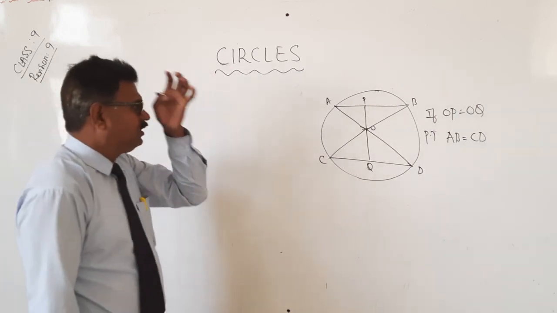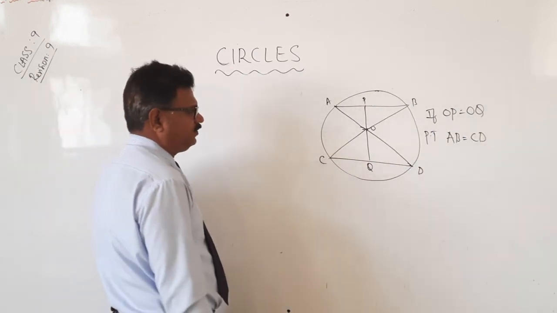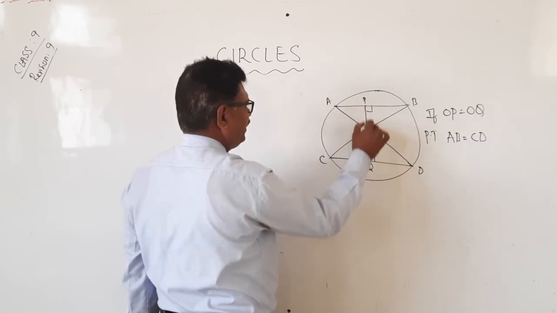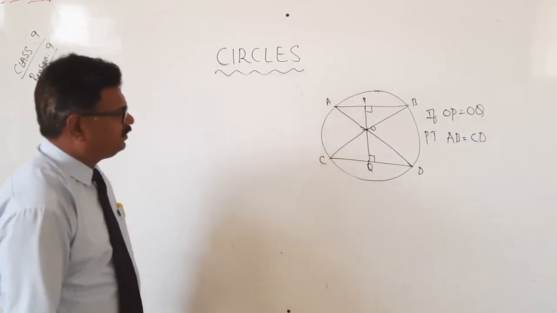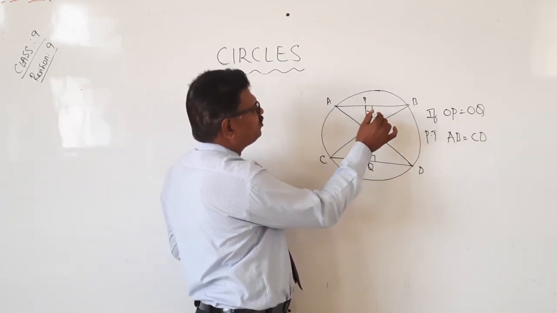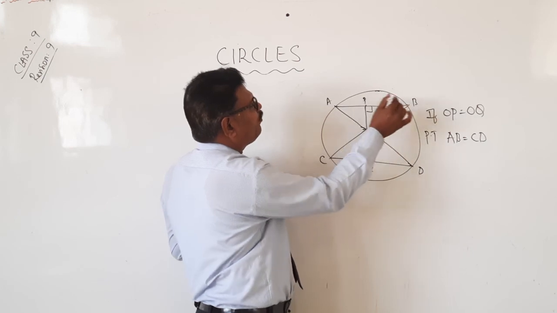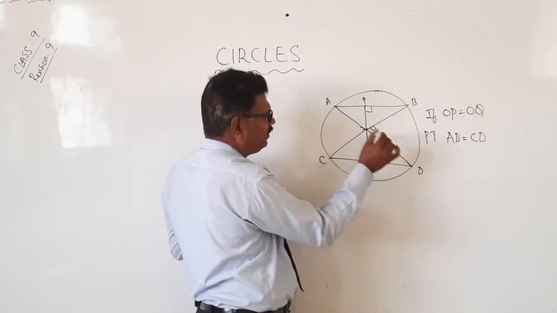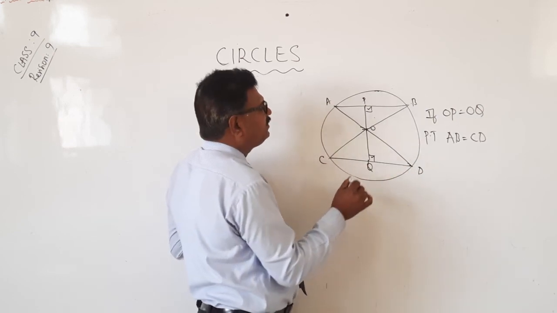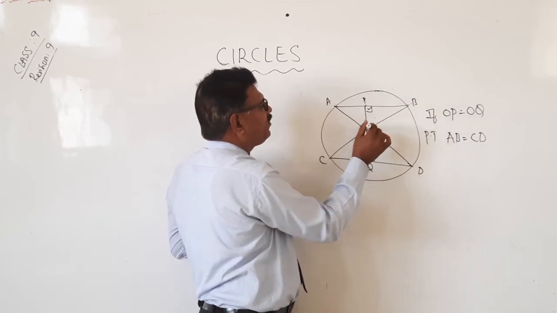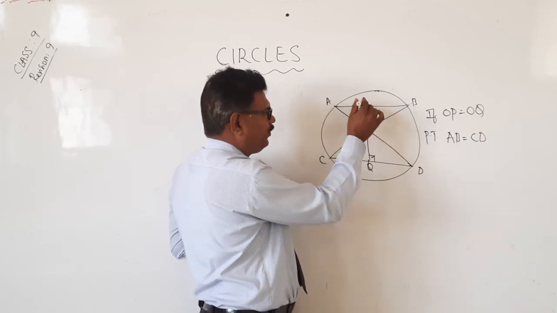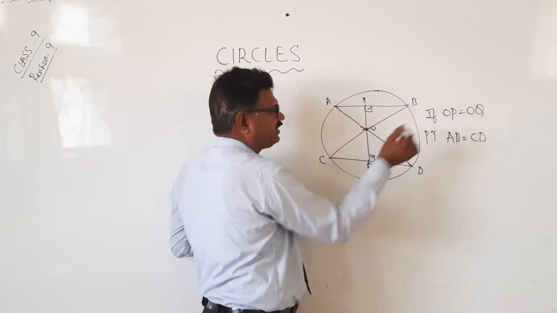Shall we prove? Yes. No problem. Now take perpendiculars like this. Same. Consider any two triangles. These two triangles we consider: OPB and OQD. Angle P equal to angle Q equal to 90 degrees. OB equal to OD because radii of the circle. OP equal to OQ because it is given.